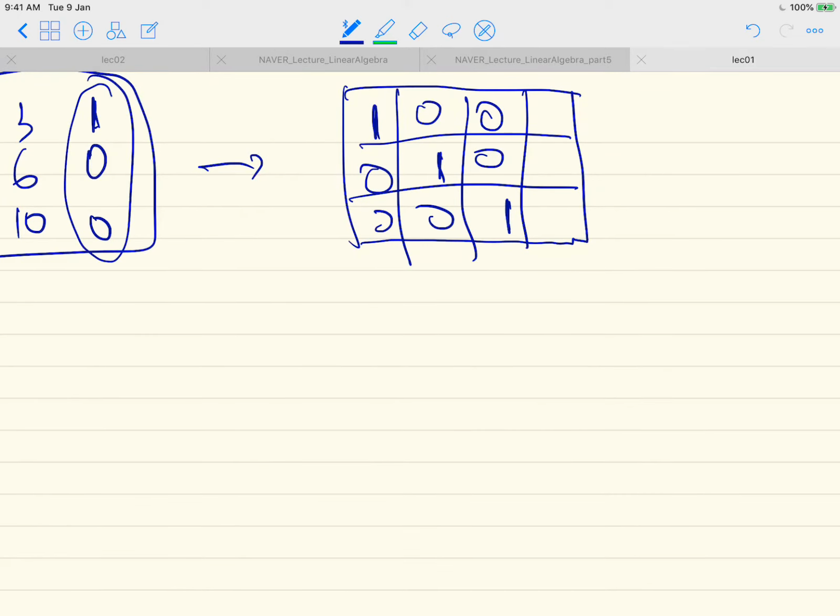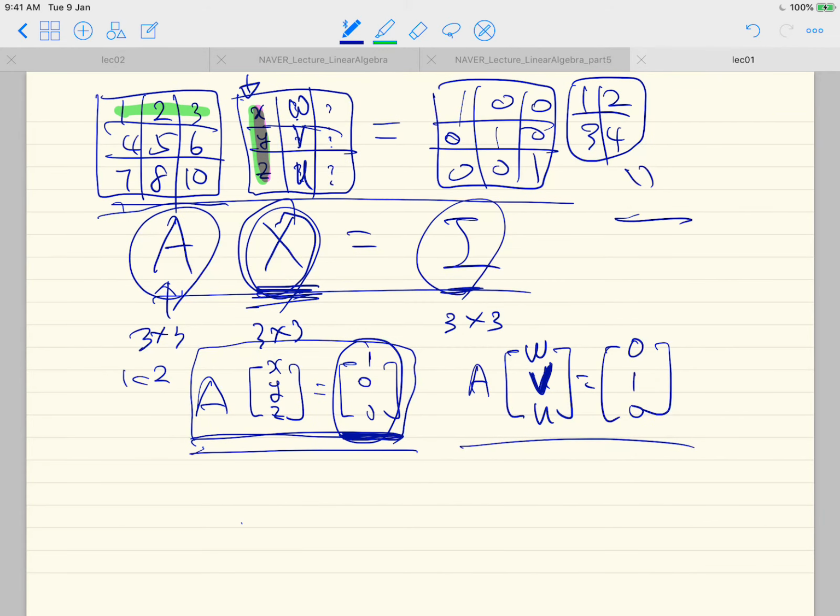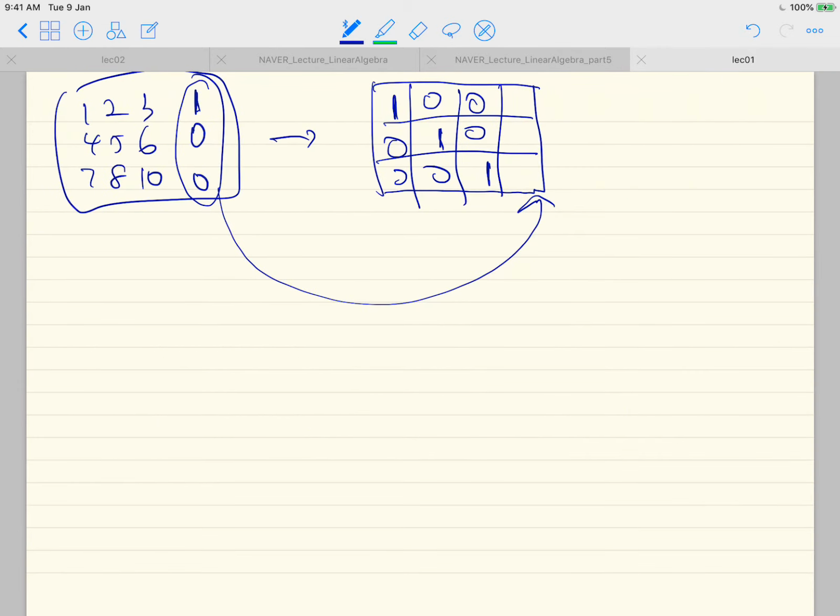And this 1, 0, 0 will be changed into some vector through this Gaussian elimination. And for this one, when starting with 0, 1, 0, it will be transformed into another vector, right?